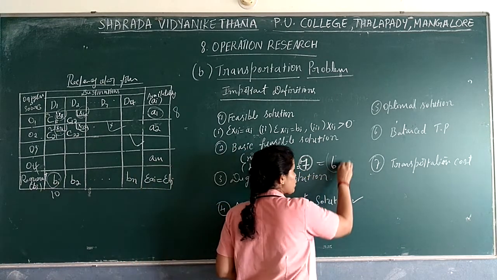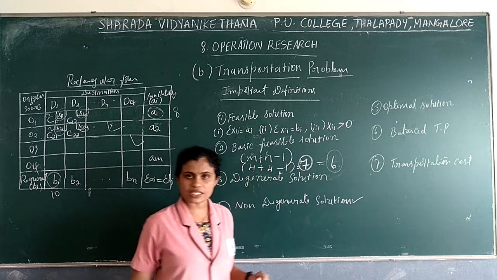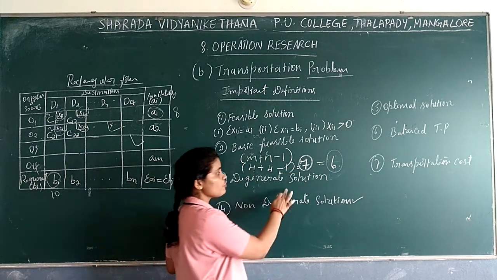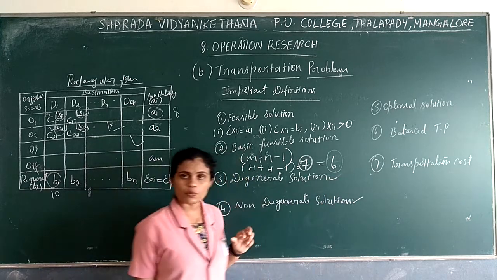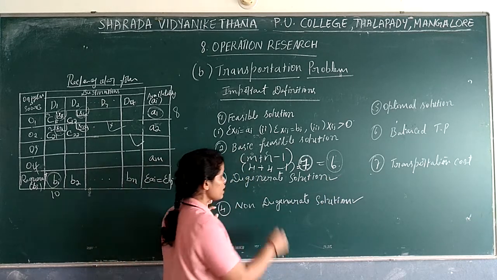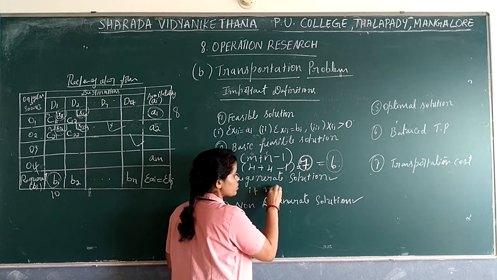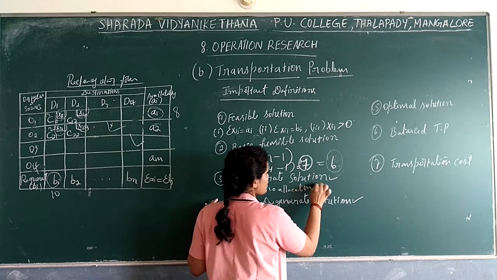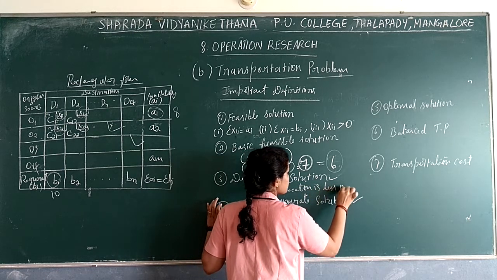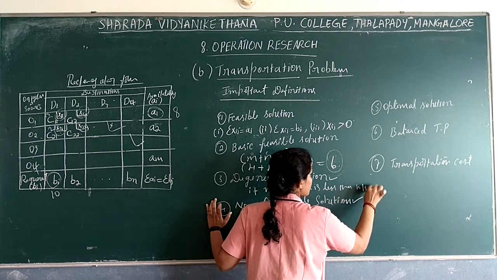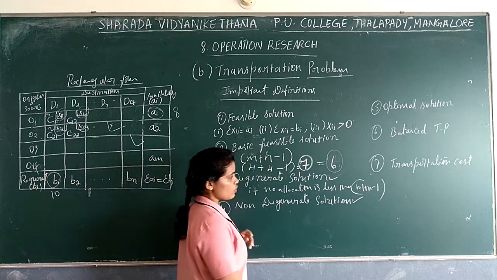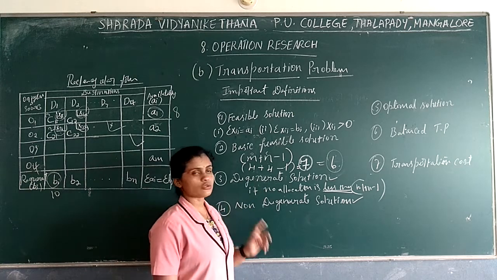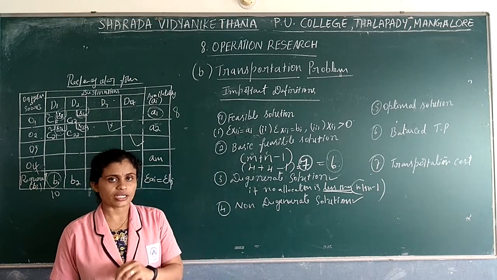So the number of allocations is lesser than m plus n minus 1. In such a case we conclude the given problem is of degenerate solution if the number of allocations is less than m plus n minus 1.